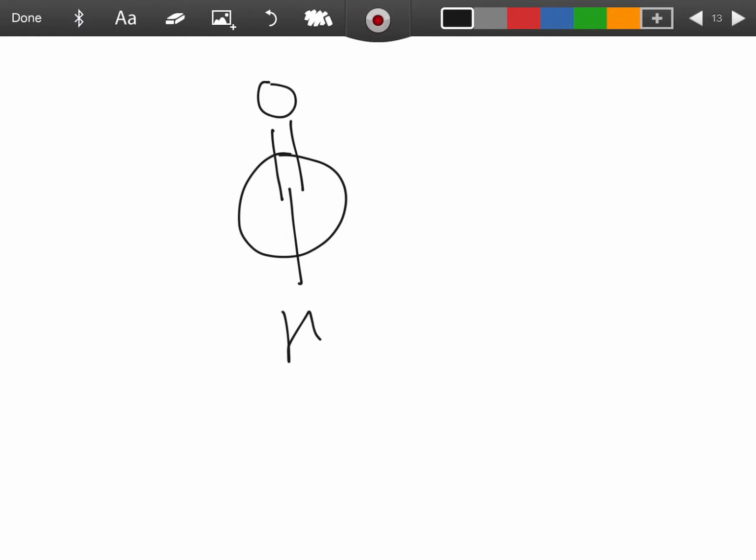you have some group G, and then you have your large group and your small group.